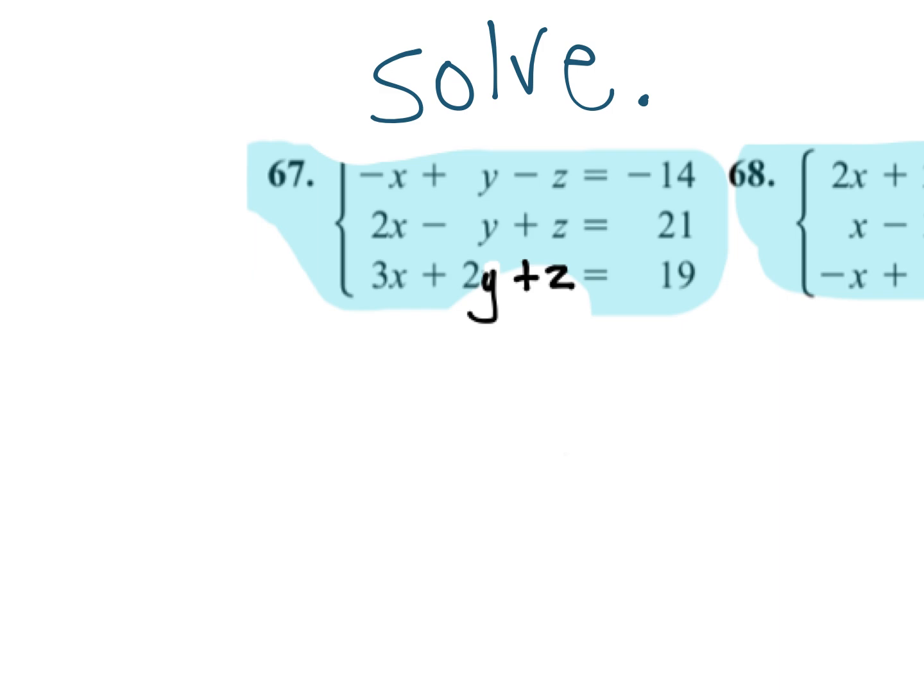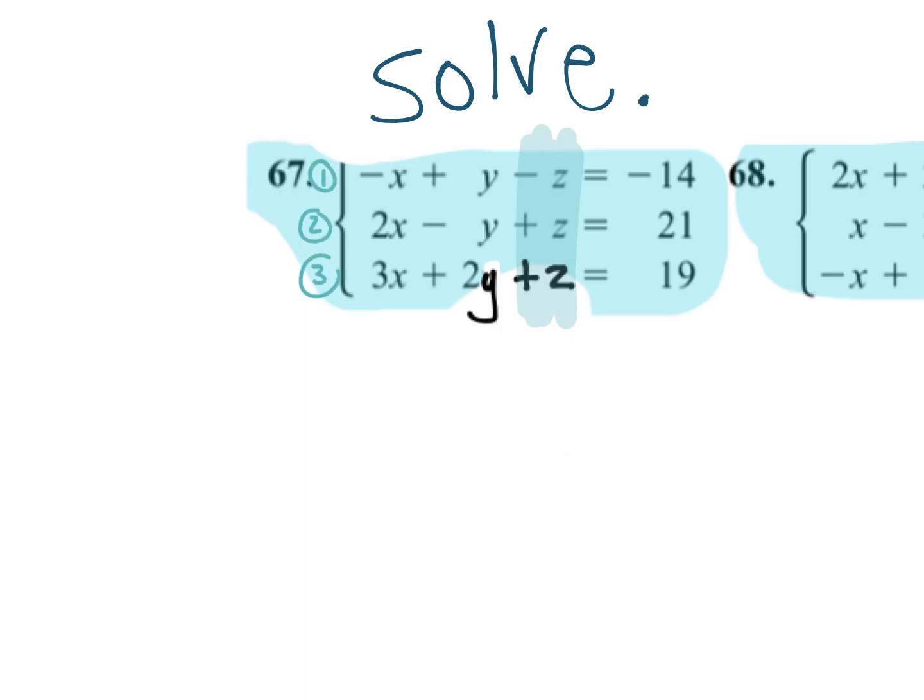X. Does anybody have a better suggestion? Why do we think Z would be the best option? Because we can see that they'll cancel right off the bat. We wouldn't even need to multiply them by anything because they all already have the same coefficient. And one of them's even already negative, so we wouldn't have to multiply to get them to cancel.